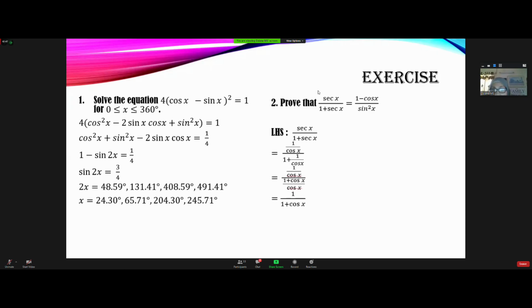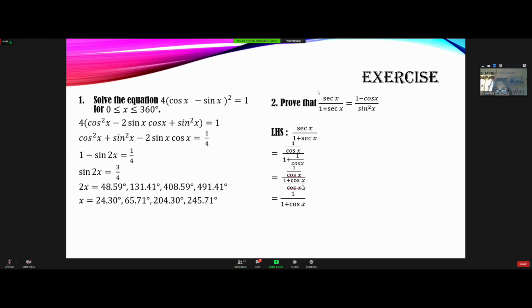Is it okay now? Okay, right. I cancel off the common denominator, cos x, so I am left with 1 over 1 plus cos x.